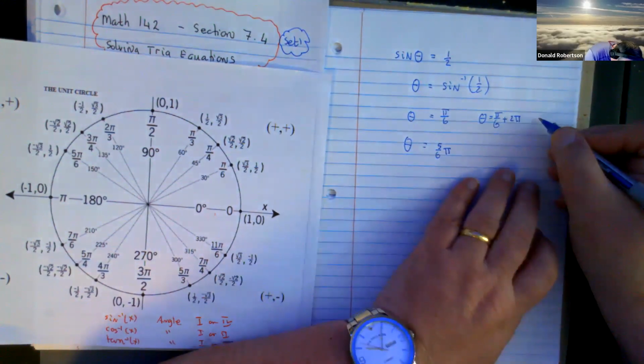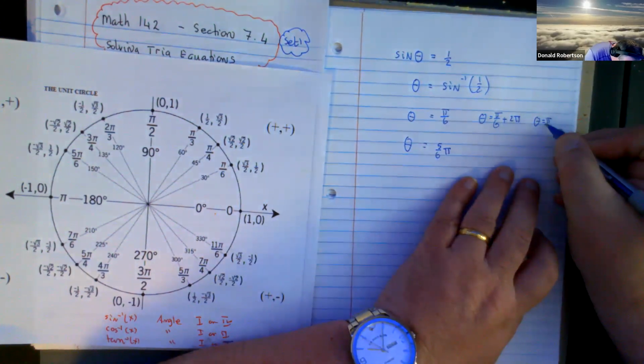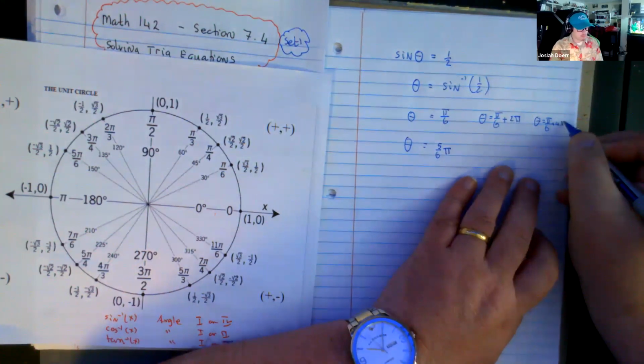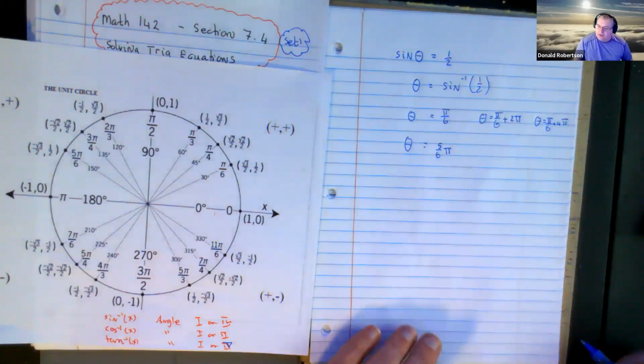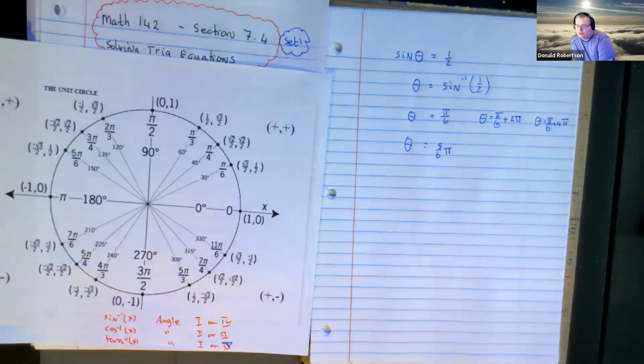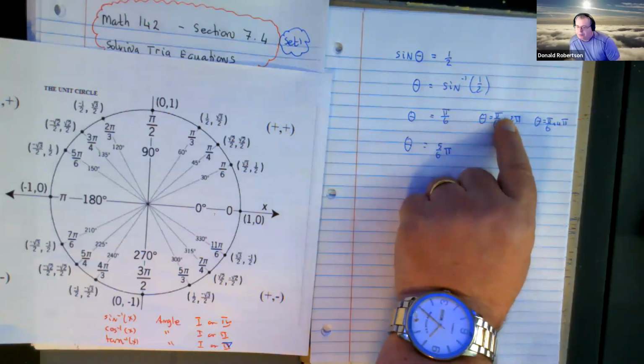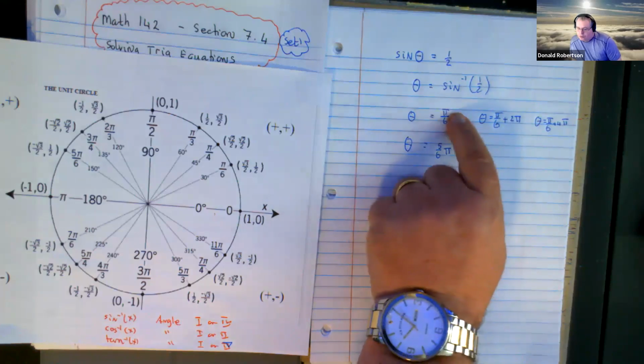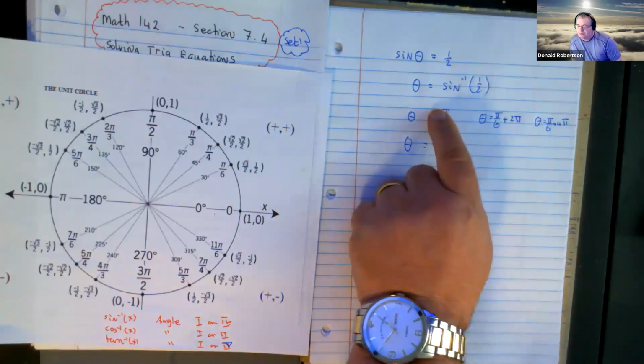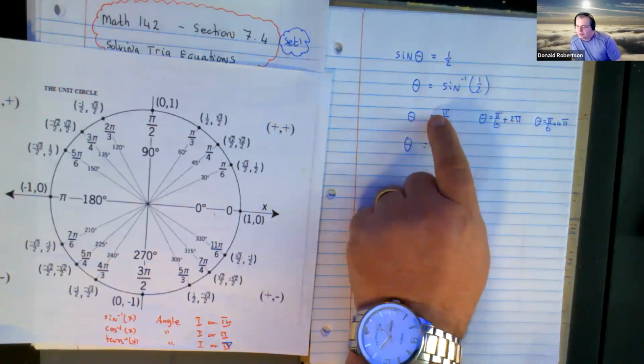And could I add another 2 pi, forever? So essentially, aren't there an infinite number of solutions? There's pi upon 6 and any multiple of 2 pi you like. So add 2 pi, add 4 pi, add 6 pi, take away 2 pi, take away 4 pi, take away 6 pi.